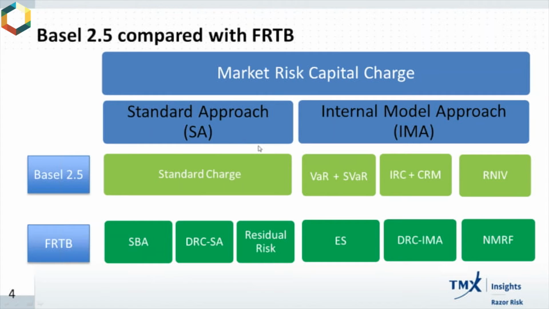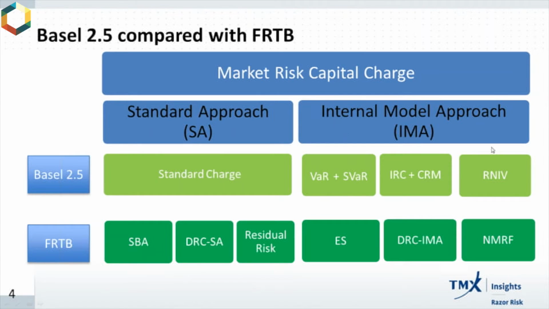For the SA component, Basel 2.5 uses the standard charge, which is notional based times the risk weight for different categories. In FRTB, this is split into three components: the sensitivity-based approach plus the standardized default risk charge and an add-on charge for the residual risk. So this is the standardized approach.